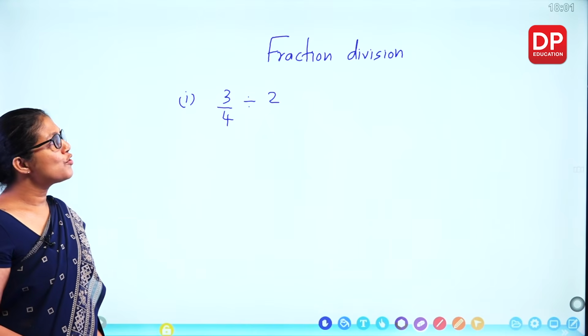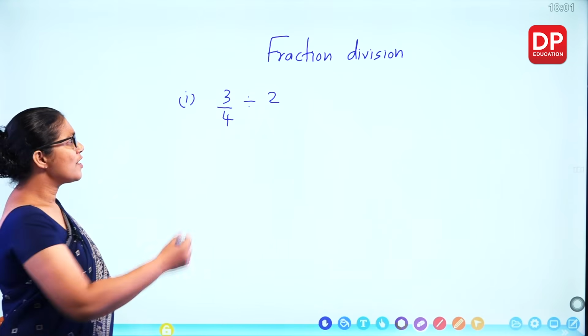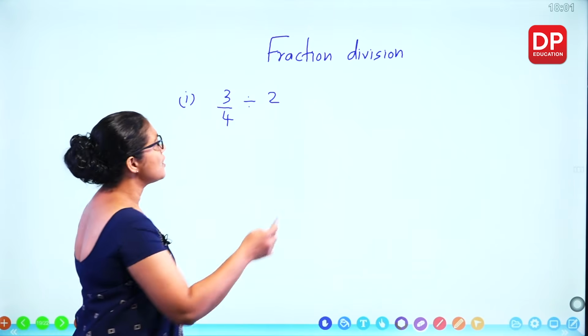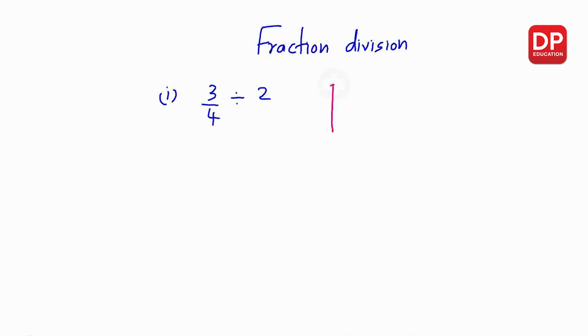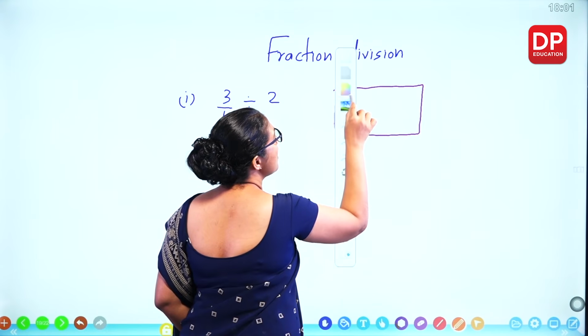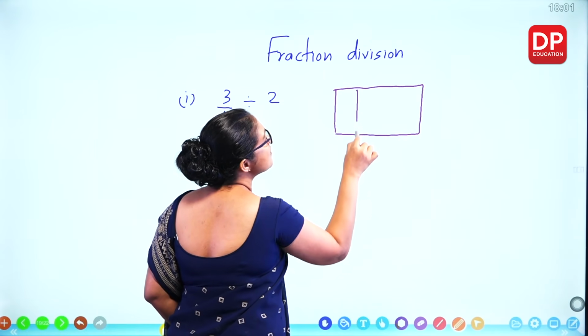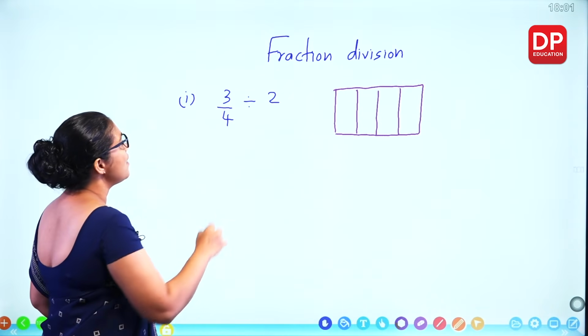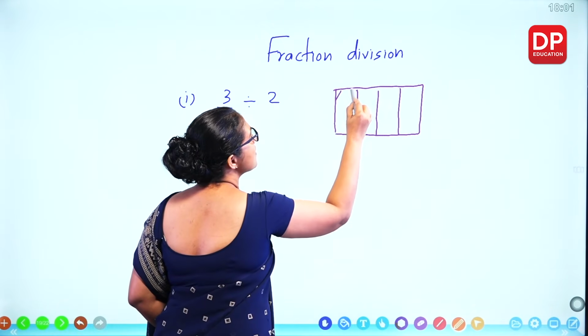Okay, now we'll move to fraction division. So here 3/4 divided by 2. I'll show you with a diagram. 3/4 are there. That means I can divide this into 4 equal parts and then color 3 parts.